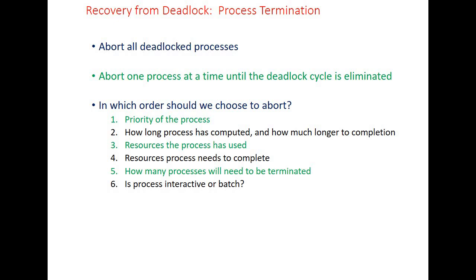The first technique used is, when the system is in deadlock, abort all the processes detected in the deadlock cycle. That is one technique used in deadlock recovery. Instead of aborting all the processes, we abort one process at a time until the deadlock cycle is eliminated. So this is the second technique.